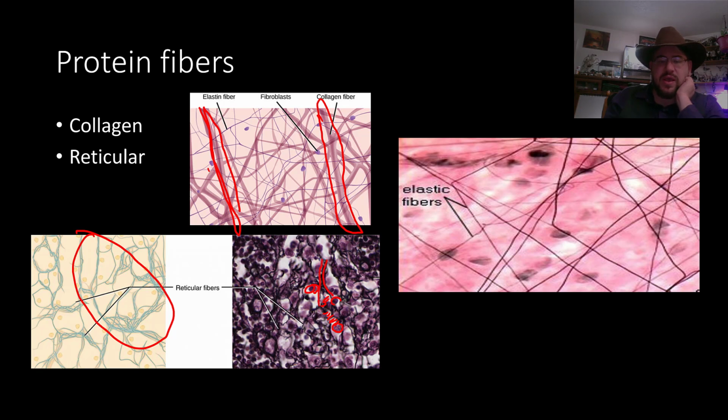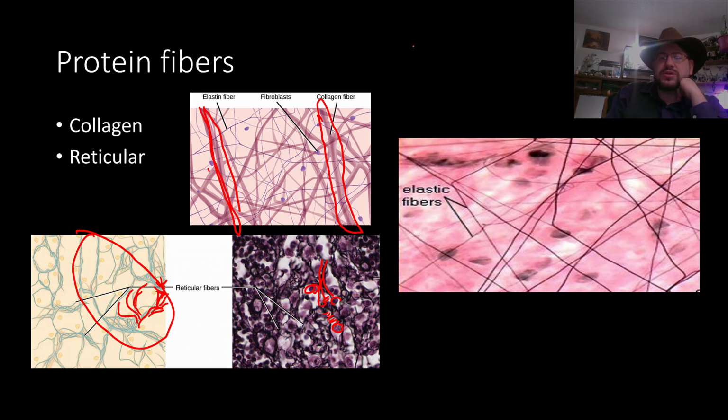Reticular fibers are thin, they're branched, and they're very mesh-like. So they're very thin, they're branched out, and they form meshes. Good for supporting. Not as strong as collagen, much lower tensile strength, but they can form that nice little branching mesh. So they can support structures.